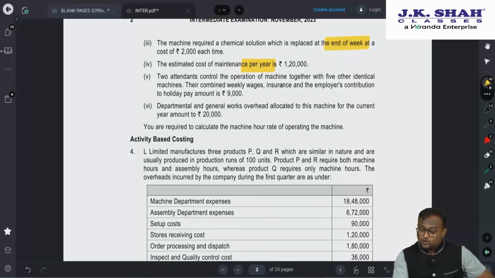Two attendants control the operations together with 5 other identical machines, so there are a total of 6 machines handled. Weekly wages are 9,000. Departmental and general works overheads allocated to this machine for the current year amount to 20,000. You are required to calculate the machine hour rate of operating the machine.